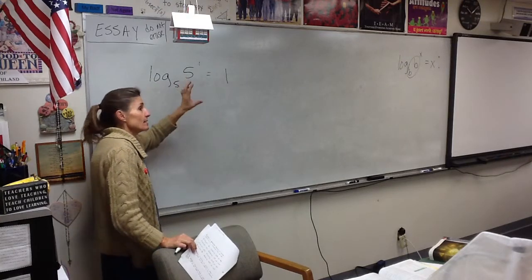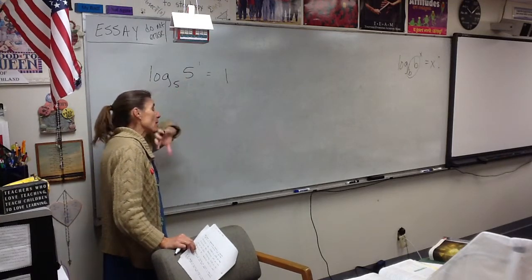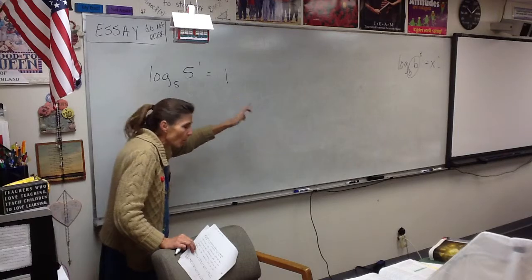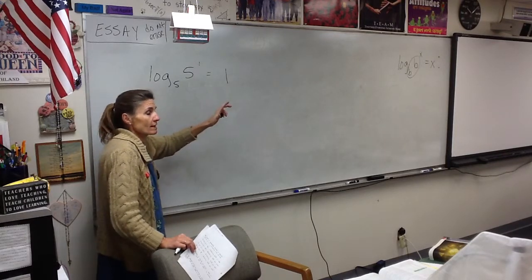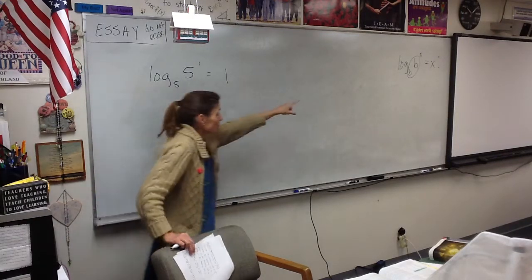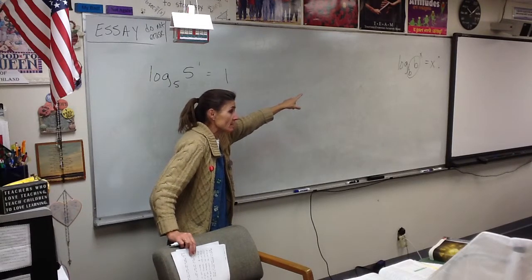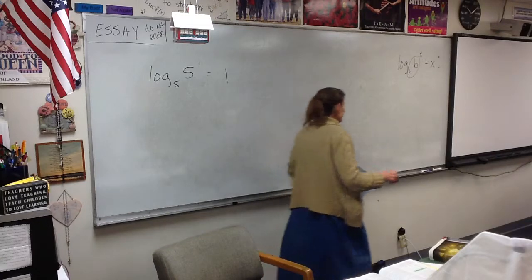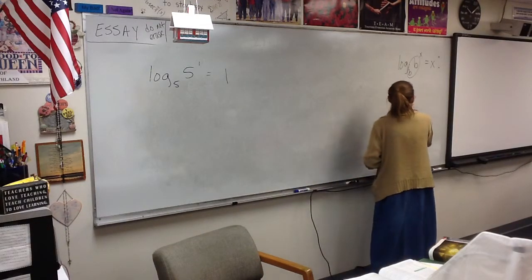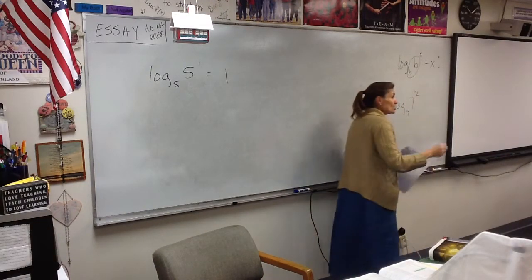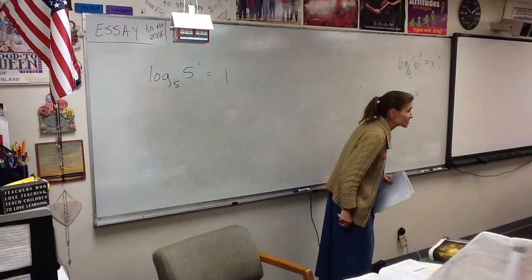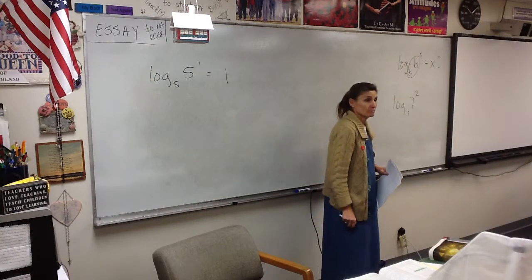Now, listen, I don't expect you to have crystal clear clarity at this moment. We're just starting. But you do have to write that down, and you have to know that, so that when you run into the log base 7 of 7 squared, you will immediately say the answer is 2.